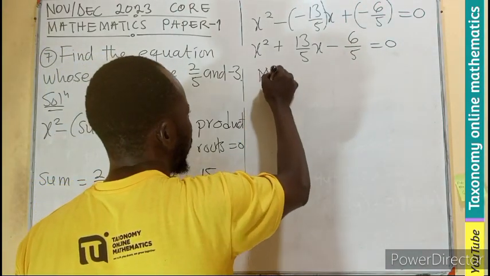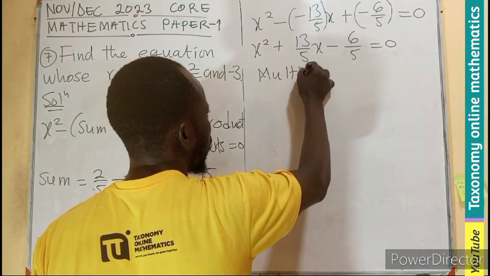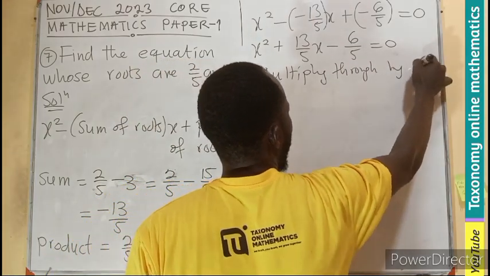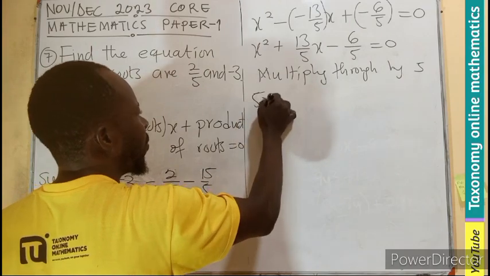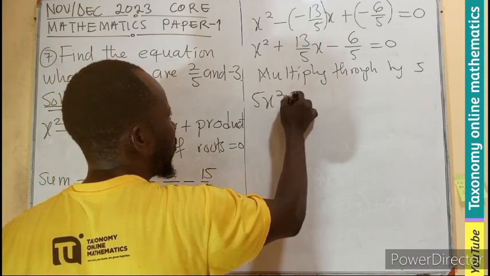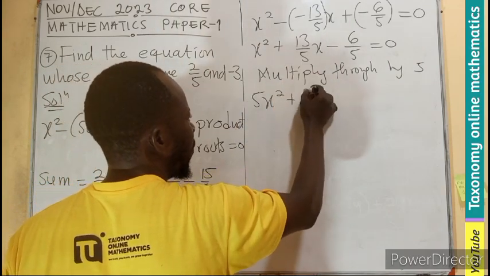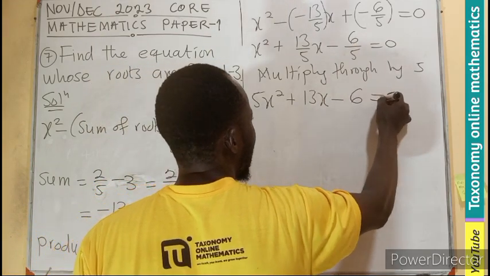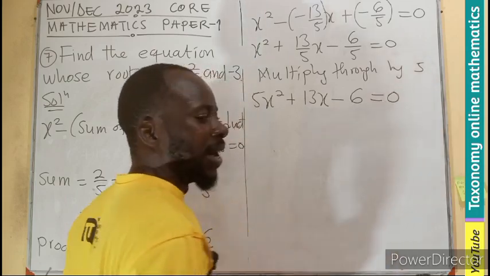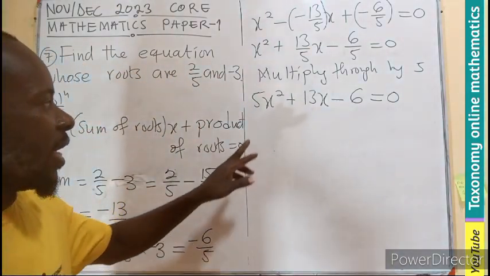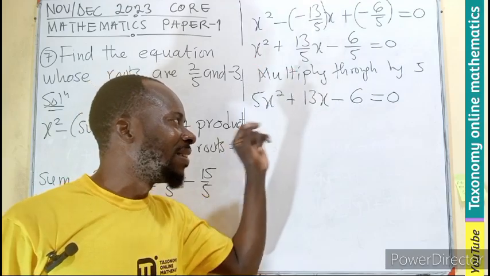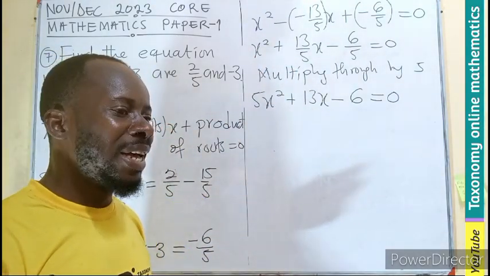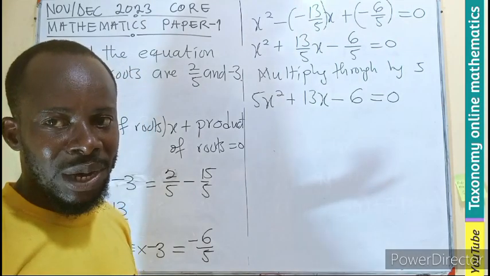So 5 times x squared is 5x squared. The 5 cancels itself, remaining 13x, cancels itself, remaining 6. 0 times 5 is 0. So the equation we are looking for is 5x squared plus 13x minus 6 equals 0. And that will have been option C on the question paper.